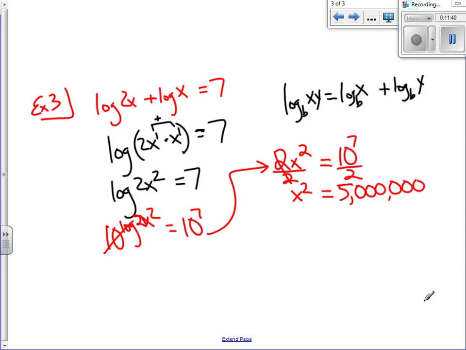Sorry about that. Okay, to get rid of our square, what are we going to do? We're going to take the square root of both sides.